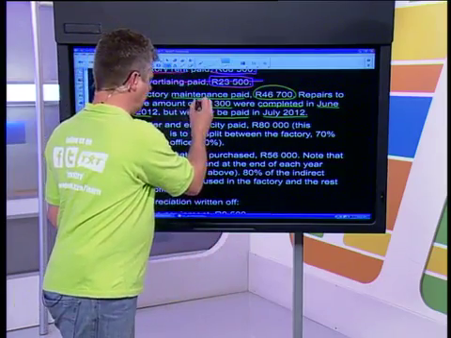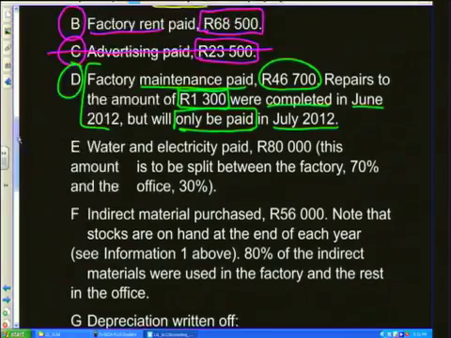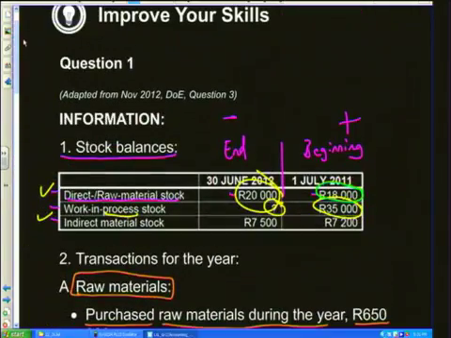And here's a small little adjustment, that there is an amount of 1,300 rand which was completed in June but will only be paid in July 2012. So remember, this is one of those adjustments where we're looking at the end of our year. We've been asked to do the production cost statement for the 30th of June 2012.